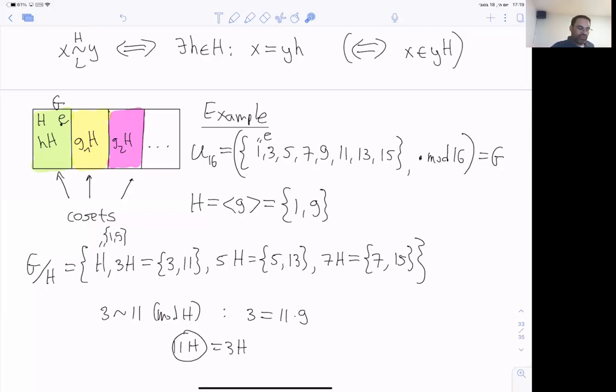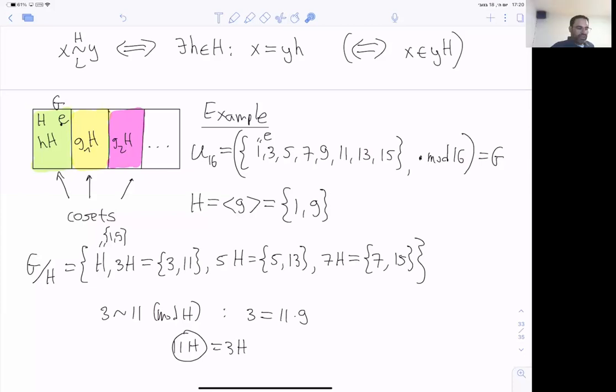So I want to show you that this relation is an equivalence relation. Do you know what an equivalence relation is? It has to be reflexive, symmetric, transitive. You heard about it? Yeah. Okay.